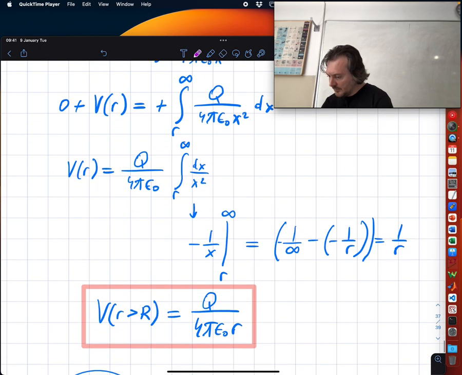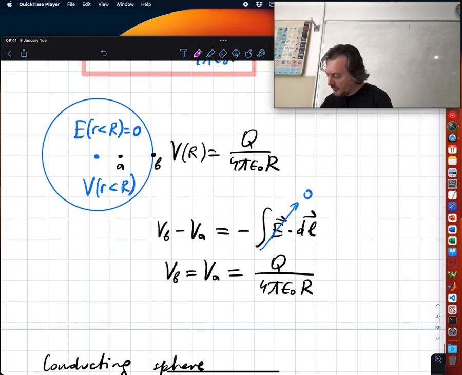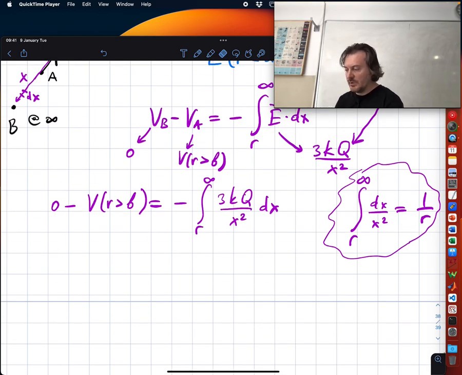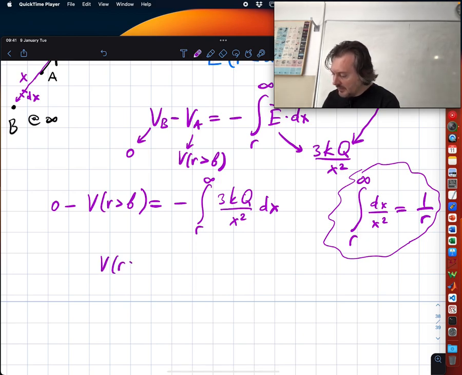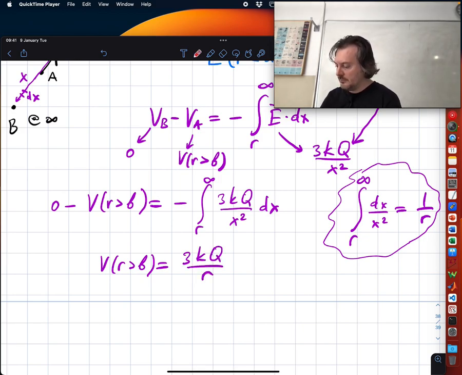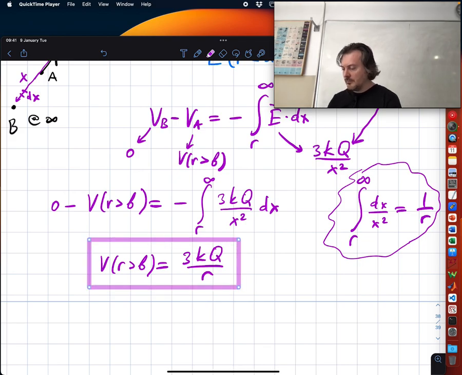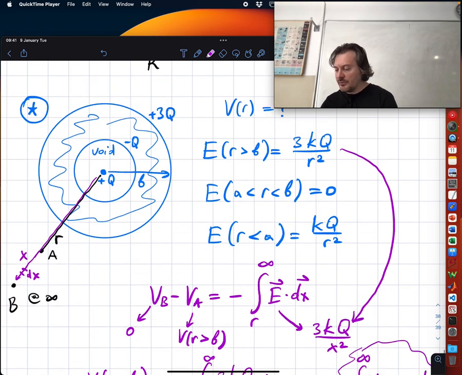So this negative will take the other negative, and the positive integral gives you 1 over r. So V for r greater than b is simply 3kq over r. We have just found the outside region.